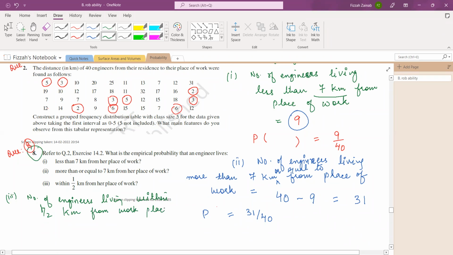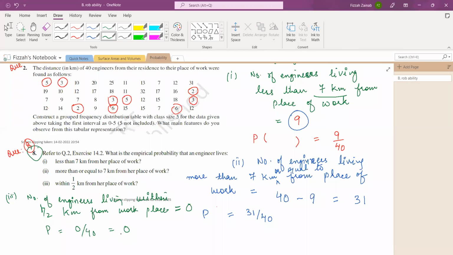How many engineers are there? Ma'am, 0. Yes. In the data, the minimum distance is, I think, 2, right? So less than 2 kilometers, there is no engineer living. So less than half, 0. So the probability becomes 0 divided by 40, which is equal to 0. So there is no chance of any engineer living less than half kilometer. Right? Yes, ma'am.